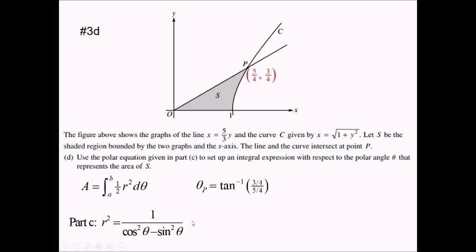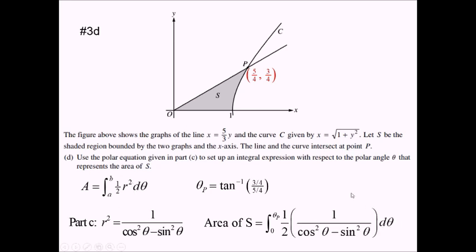So when the dust settles then, we have the integral from 0 to theta sub p of 1/2 times all this craziness, d theta, and now I've got everything I need in order to satisfy the problem. I've got an integral expression, I've got constants plugged in for a and b, I've got an actual function instead of an r squared, so we're good to go.